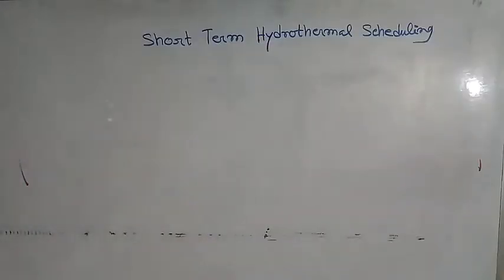In the previous video of Power System 3, I discussed long-term hydrothermal scheduling. In this video, I will discuss short-term hydrothermal scheduling. The short-range problem usually has an optimization interval of a day or a week.